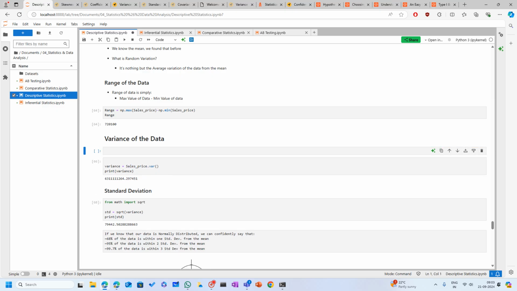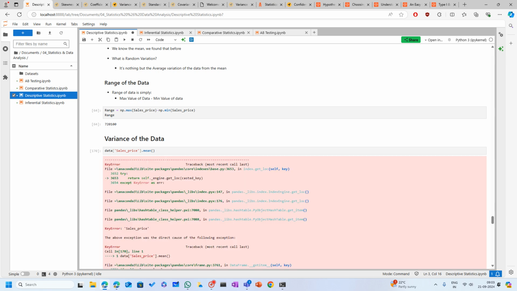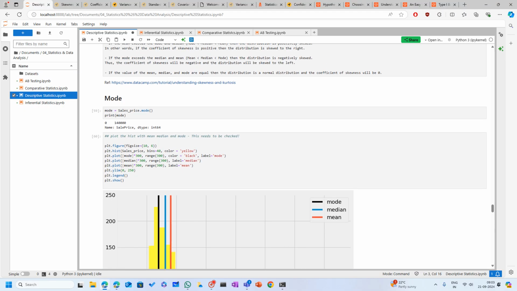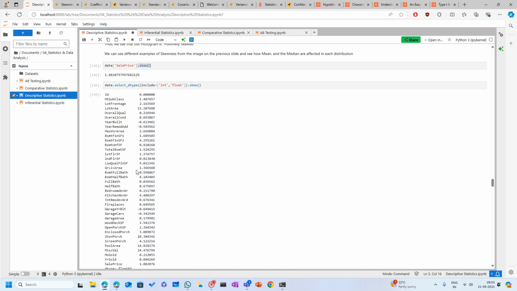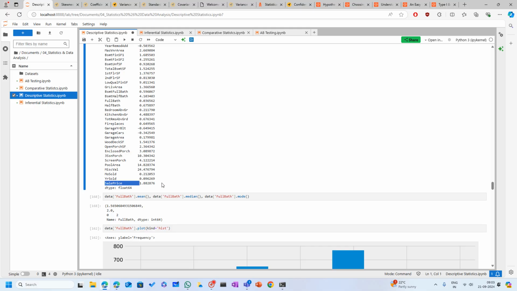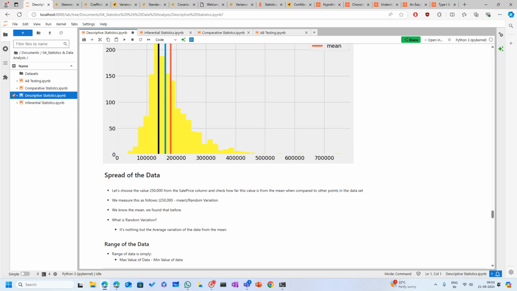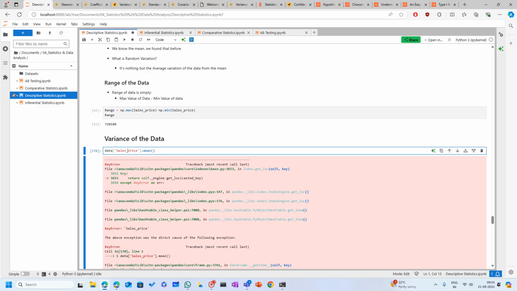Let me calculate the mean as well. The sales price is the target, the price of the sale of the house.